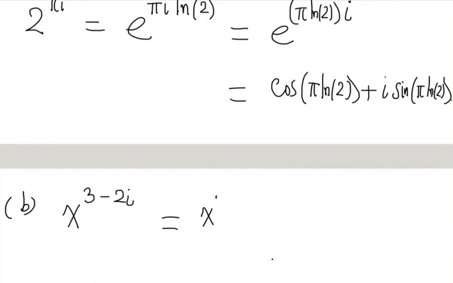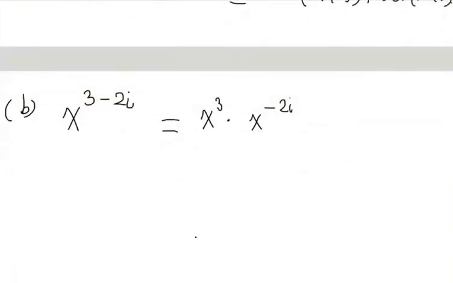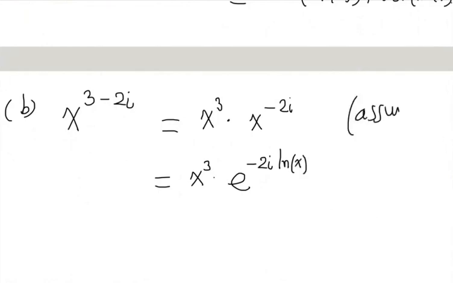So we can split this as x cubed times x to the negative 2i. Well, x cubed we already know what it is, so we just leave it like that. But the second one involves a complex exponent. So we need to rewrite it as e to the power negative 2i ln of x. Here we are assuming that x is positive.